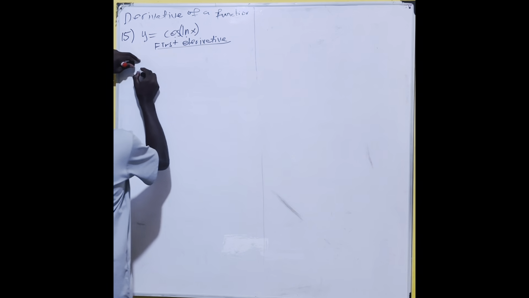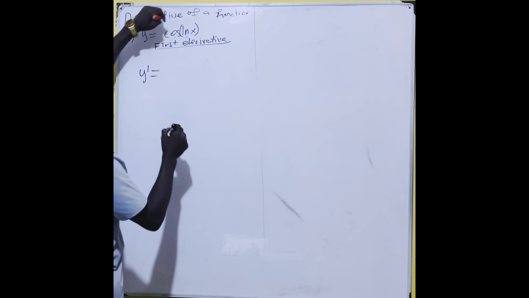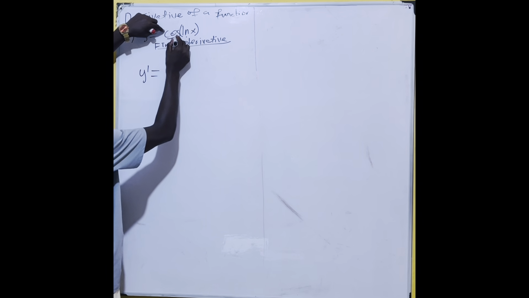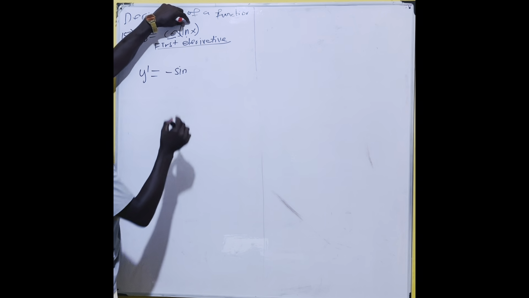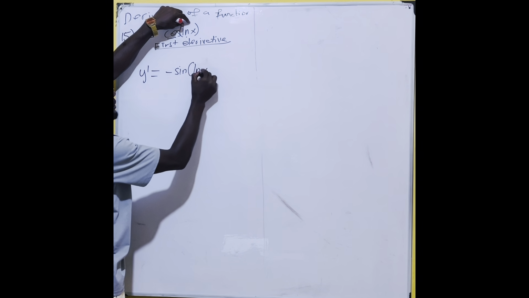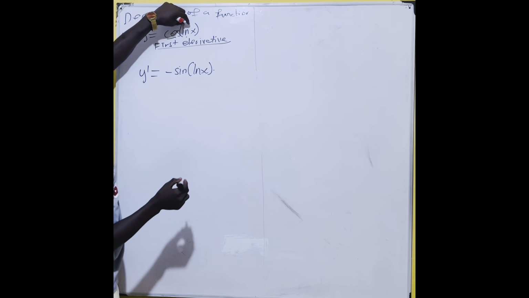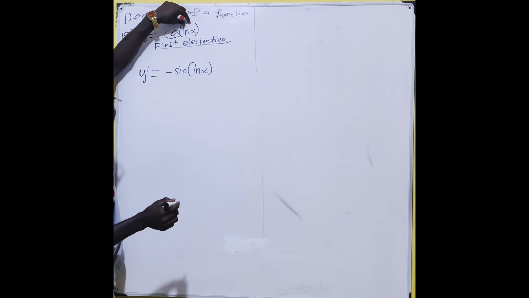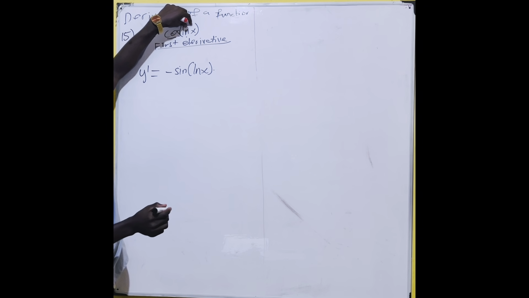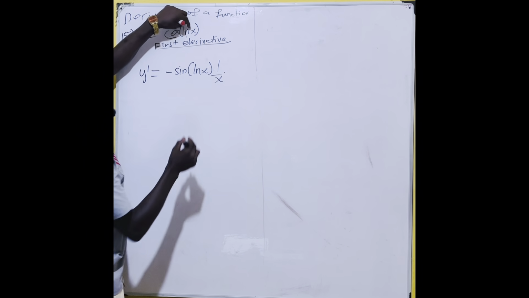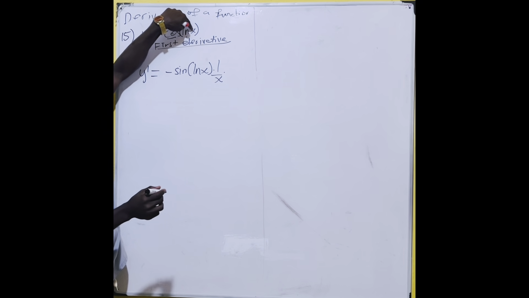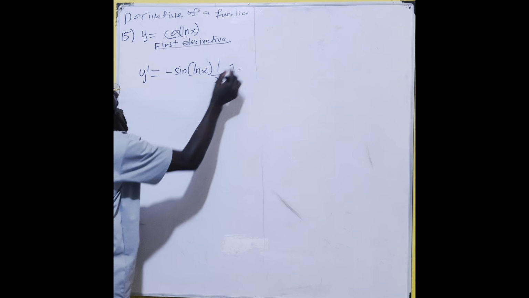So we have y prime equals, when you differentiate cos, it is a negative sine. Then we put whatever is inside, times we differentiate whatever is inside. I know that the derivative of ln x is 1 over x times the derivative of the function inside the ln, which is 1.